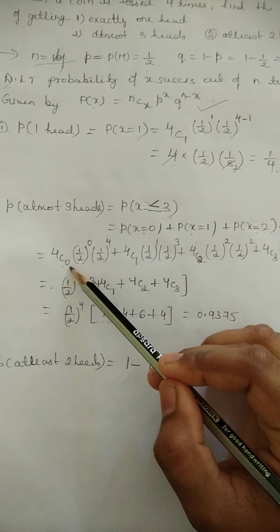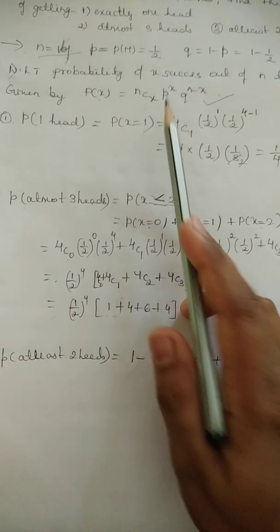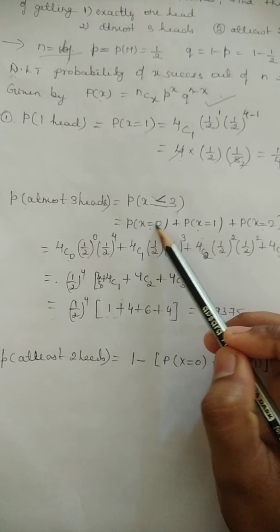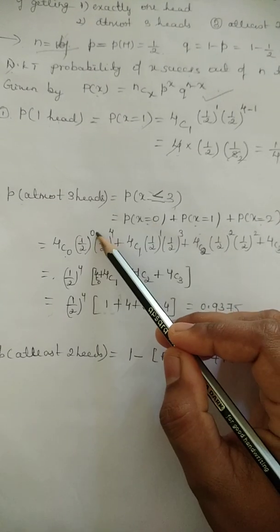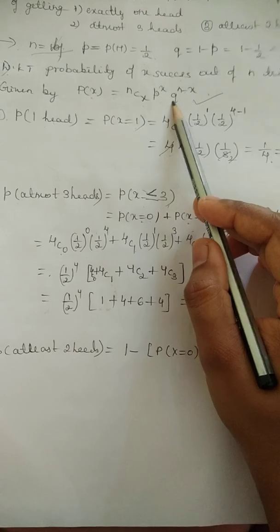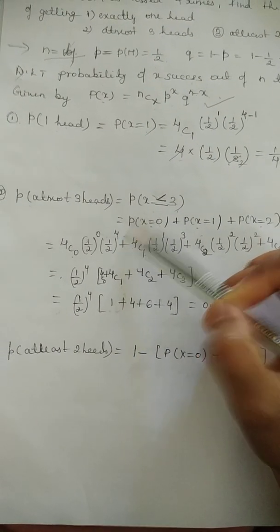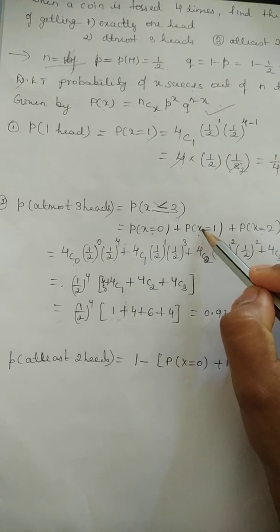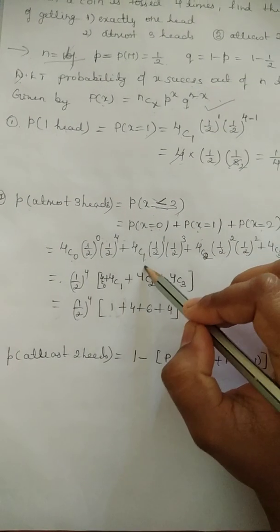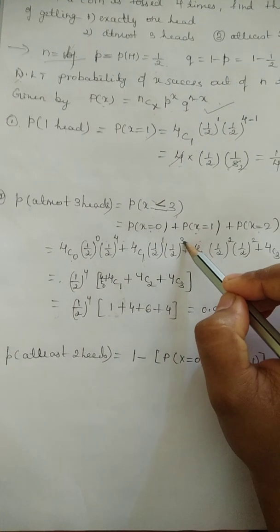Here 4C0, n is the same 4, and p is also 1 by 2, but here x is equal to 0 so raised to 0, and then q is 1 by 2, n minus x means raised to 4, plus for x equal to 1 success, 4C1 1 by 2 raised to 1 times 1 by 2 whole cube.